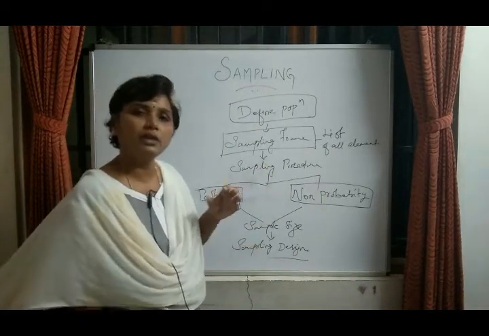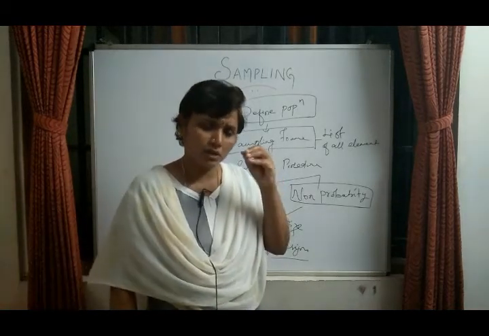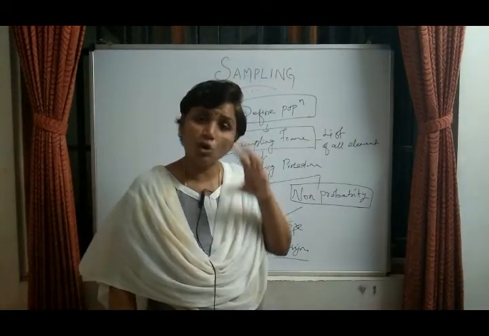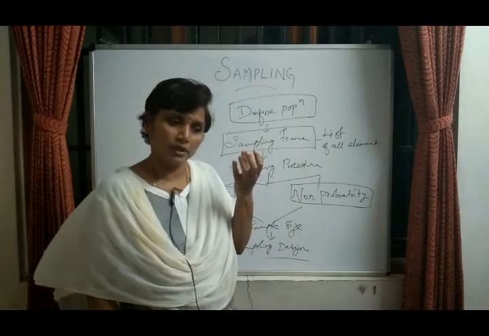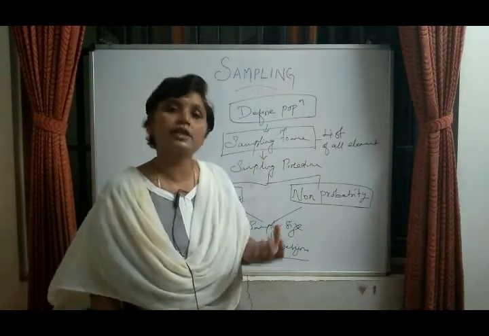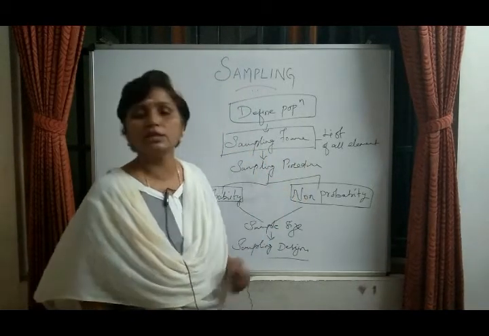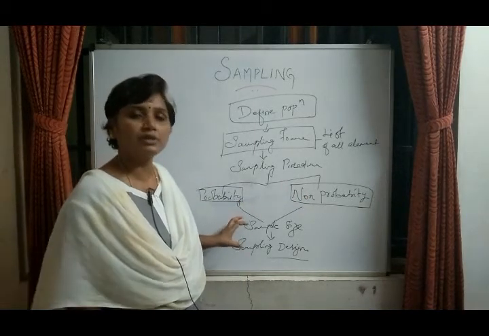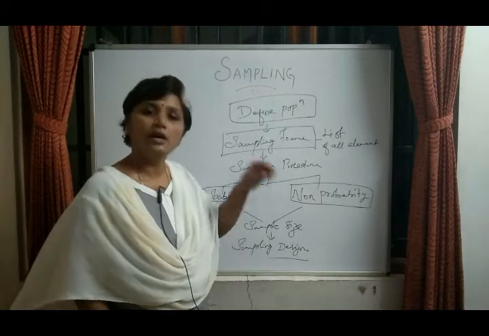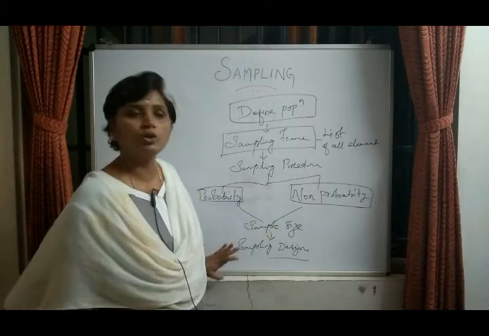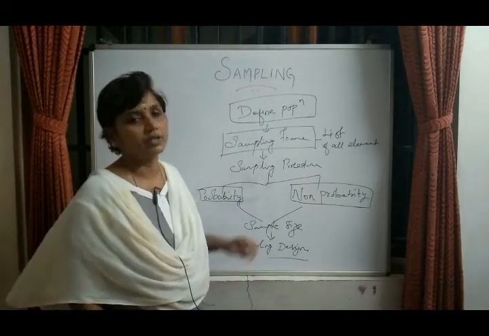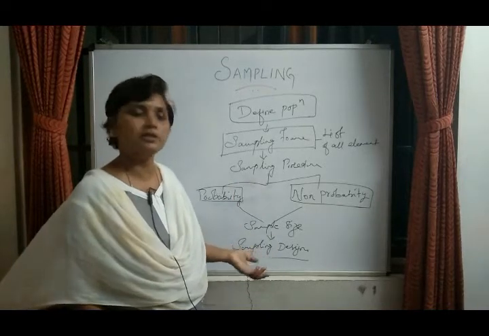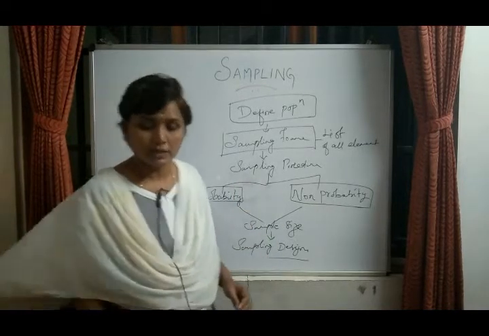Non-probability is used when the study is performed in smaller groups, or the cases are very few. In those cases, we will be using non-probability sampling, and we have to determine how many samples we are going to use for the research study, and whether it is a probability sampling design or a non-probability sampling design.